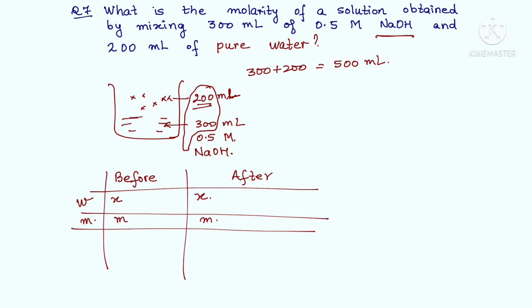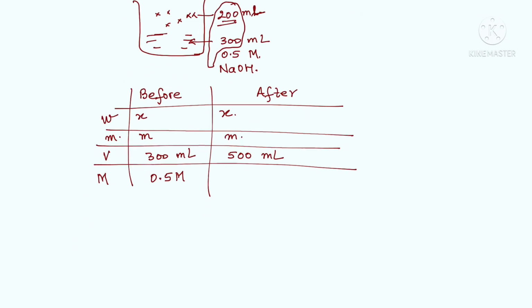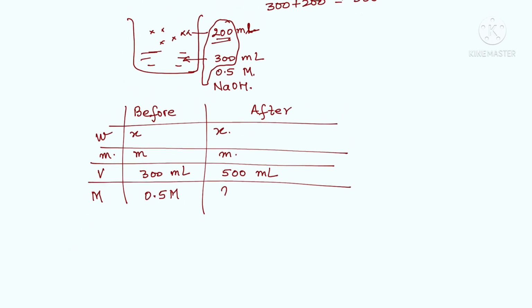Now what about the volume of the solution? Before it was 300 milliliters, and after adding water it is 500 milliliters. What about molarity? This was 0.5 molar before, and now I have to find out.